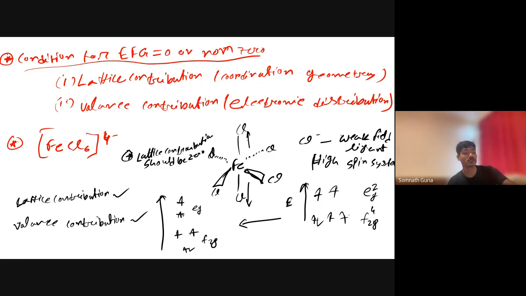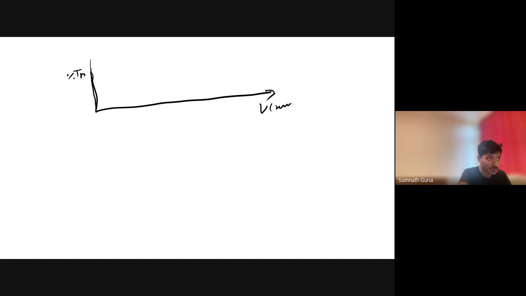This is also positive. So then we'll get the spectra like this: percentage of transmittance against velocity in millimeter per second, and the Mossbauer spectra looks like this. This middle point will be my delta value.